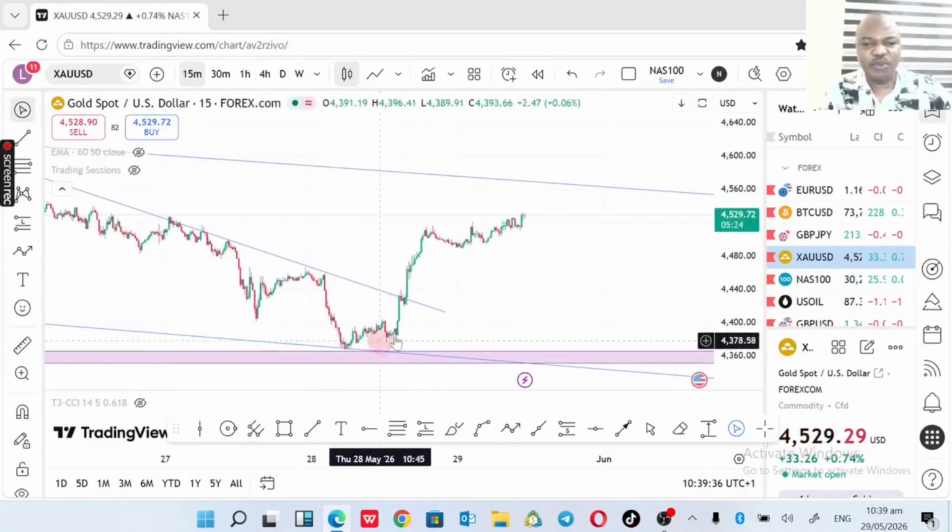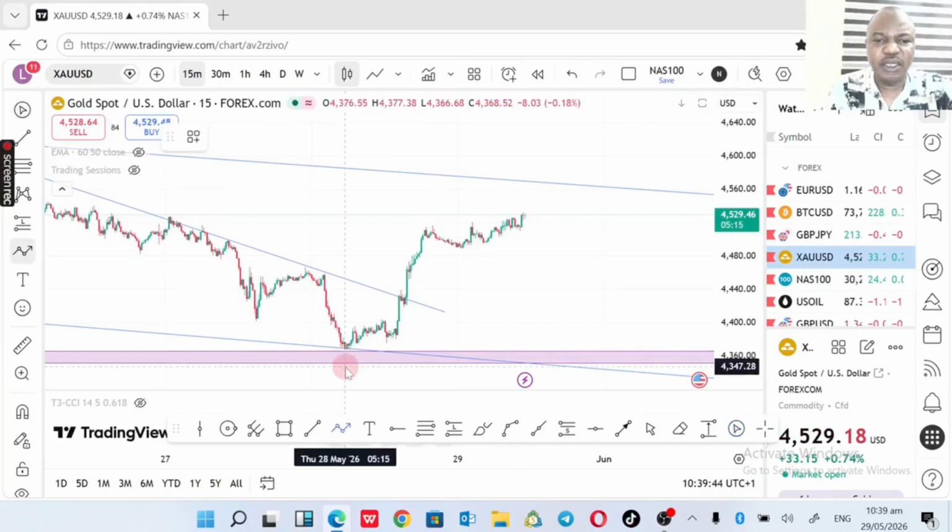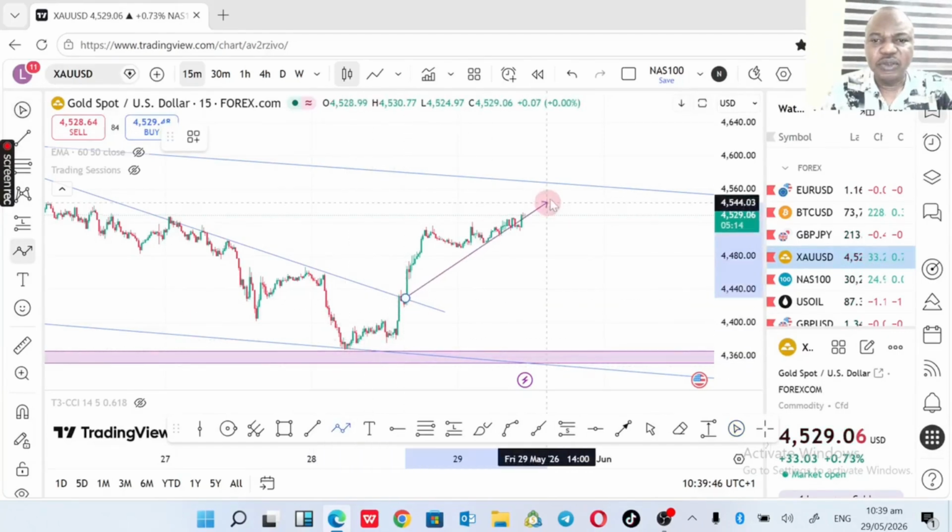We'll be waiting for this market to get to the upper zone here. We'll be looking at this to get to this trend line straight. Then possibly we may have a movement back here.